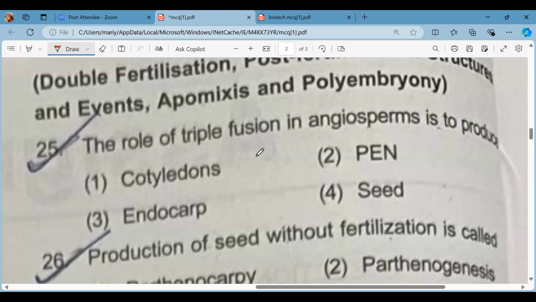Okay, see, double fertilization is that condition wherein syngamy and triple fusion take place. Syngamy is when the male gamete fuses with the female gamete and forms a zygote. Triple fusion means the second male gamete fuses with the polar nuclei and forms the endosperm. That leads to the formation of the primary endosperm nucleus. So the triple fusion in angiosperm is to produce the PEN, primary endosperm nucleus. Clear? Yes, ma'am.